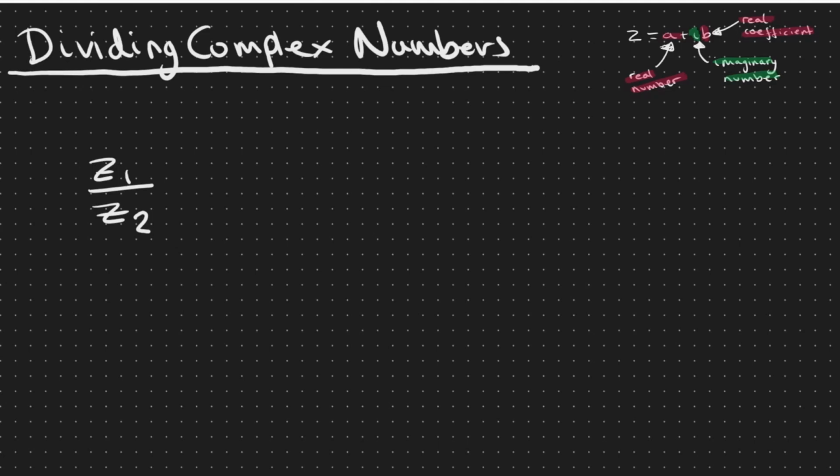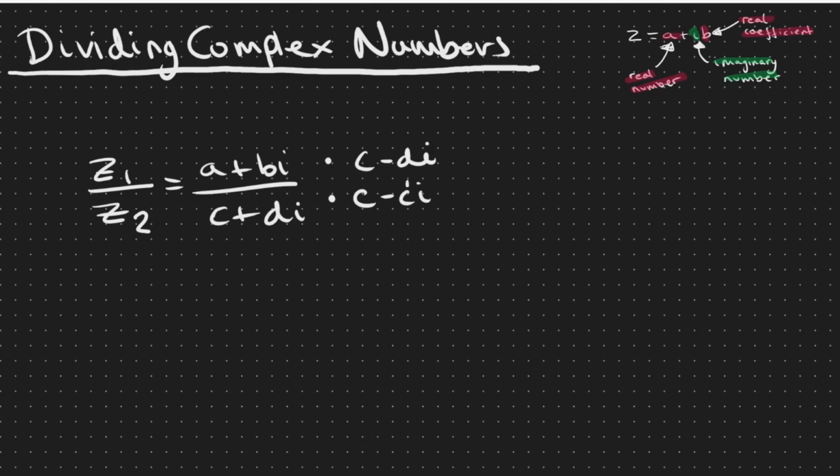So if we have a fraction a plus bi over c plus di, we would multiply the top and the bottom by the complex conjugate of the denominator. So we would multiply it by the complex conjugate of c plus di, which is c minus di. Now the denominator will become c squared plus d squared, which is real, and therefore we would get the answer.